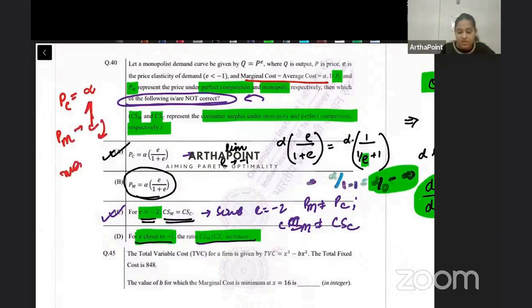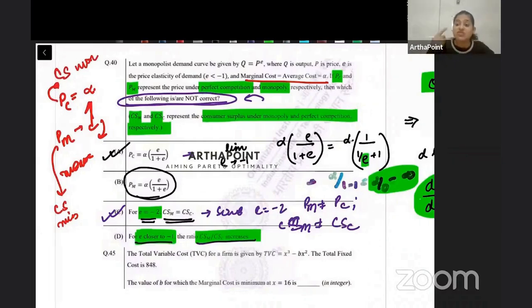If this is infinite, the price charged by monopolist is infinite, which means it is very, very high, then the gap between price of competitive, which was alpha, and price of monopolist, this gap will be maximum. Because monopolist is charging the largest price possible. And if this gap is maximum, that means in this case the consumer surplus will be minimum, and here the consumer surplus is maximum with a competitive firm.